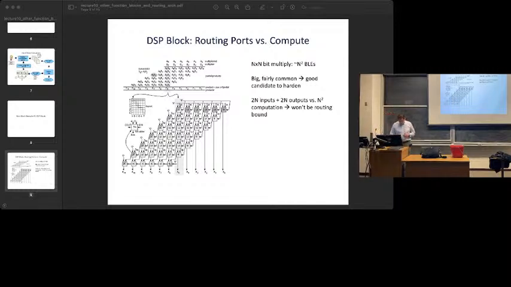So the way a multiplier works is basically the way you do pen and paper multiplication, right? One operand is here, the other operand is essentially here, and every place where both of them have a 1, we just use an AND gate and we get a 1. So we get a whole bunch of partial products, and every partial product, as we move down, is shifted over by 1.